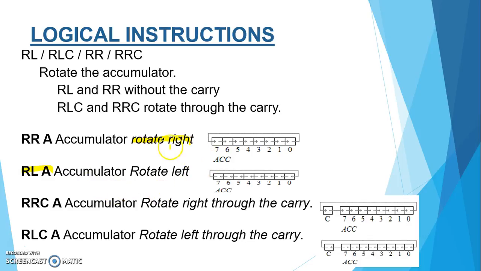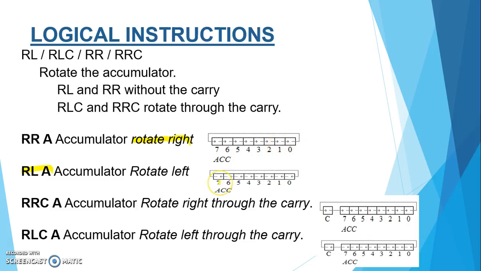Now what it does in rotate towards right is, let us say any content you are holding in the accumulator. In rotate towards right, the D0 bit gets shifted to D7, D7 gets shifted to D6, D6 gets shifted to D5, D5 gets shifted to D4, D4 gets shifted to D3, and the last is D1, which gets shifted to D0.